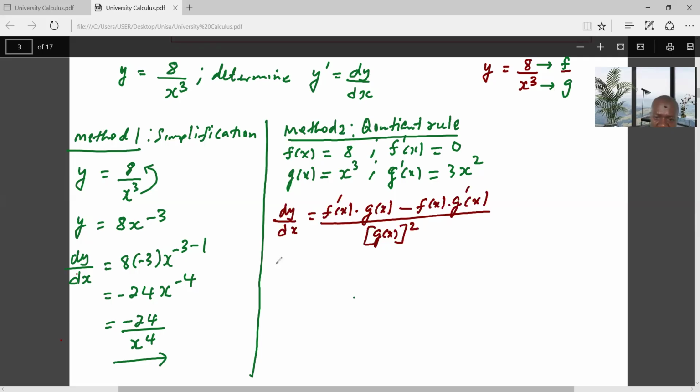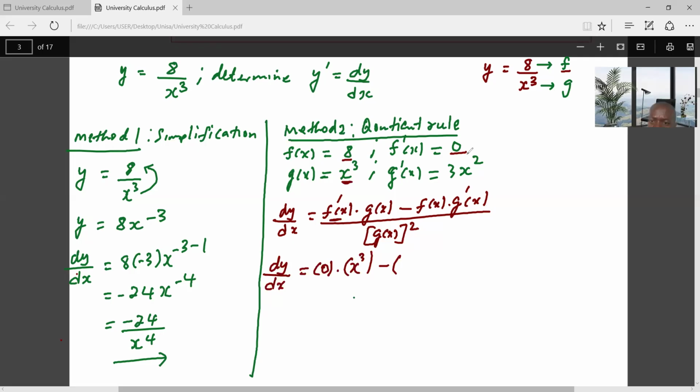And now let's do the substitution. The derivative of f is 0 times g, which is x cubed. F is 8.